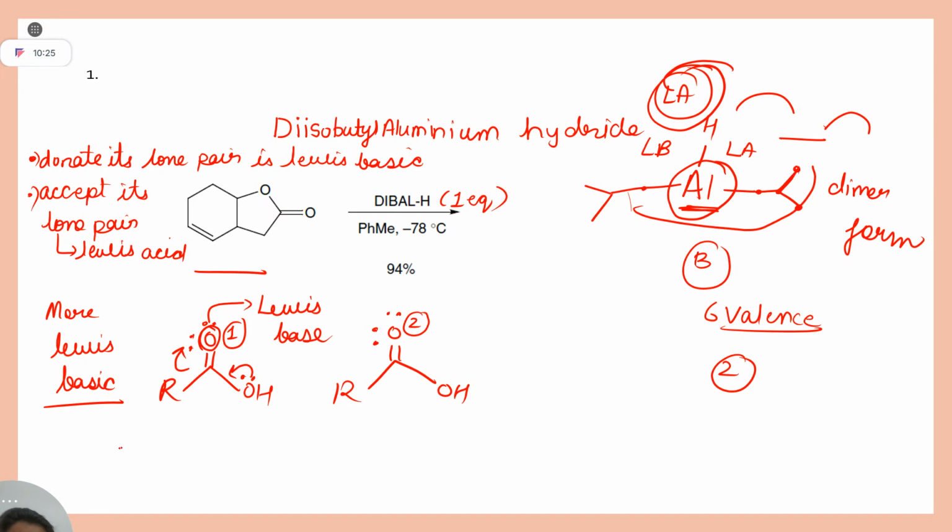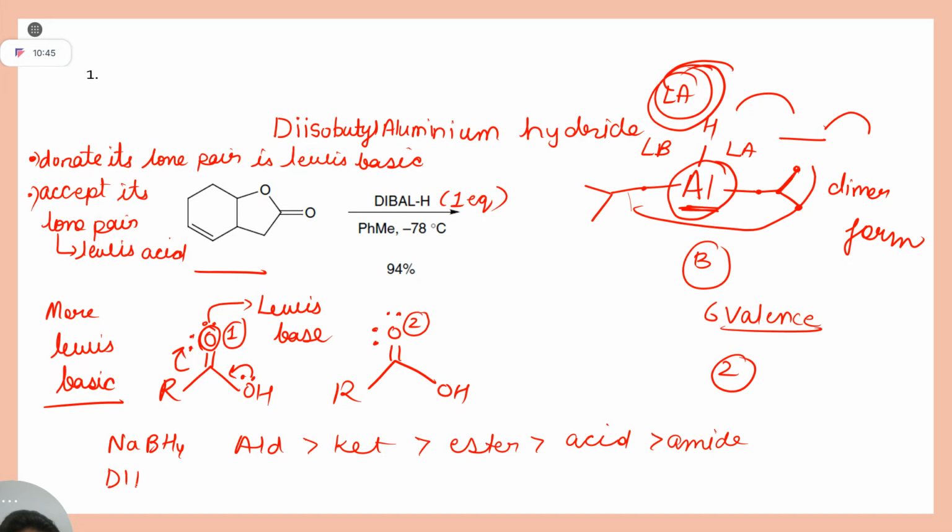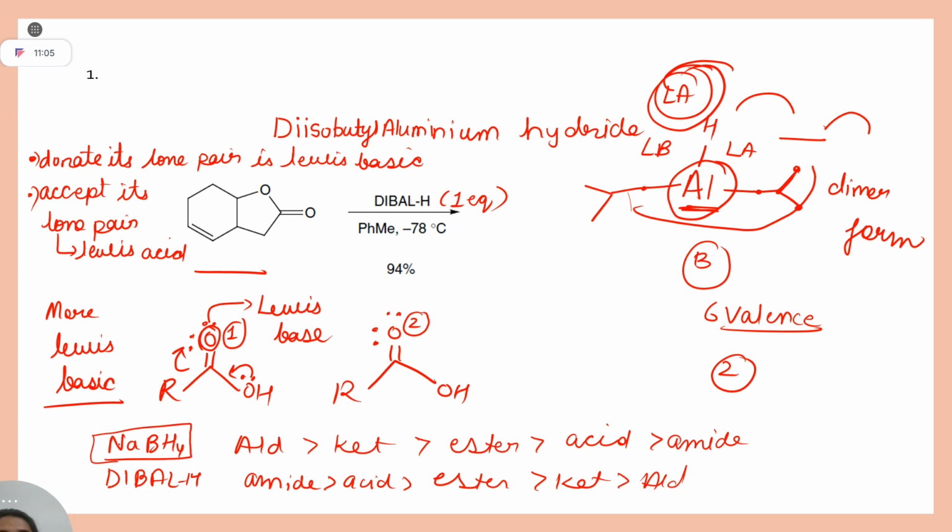Therefore, if you take for example sodium borohydride, your reactivity of carbonyl is like this: aldehyde, ketone, ester, acid, amide. But if you take DIBAL-H, your reactivity becomes reverse: amide, acid, ester, ketone, aldehyde. The reason behind this, students, is that sodium borohydride is your nucleophilic hydride source.